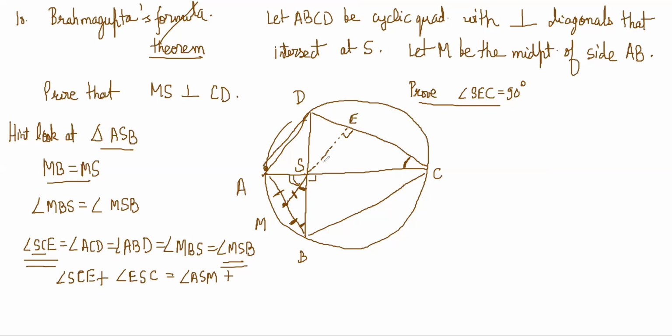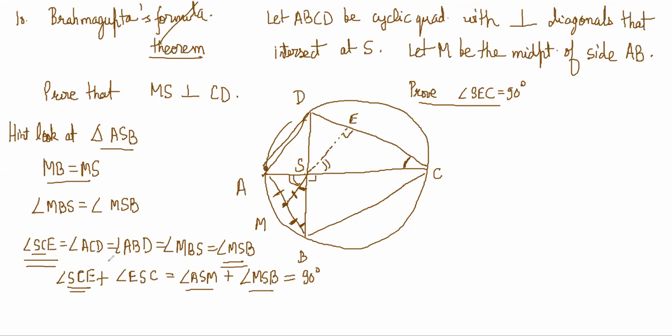And ASM plus SCE, which is MSB, gives MSB plus ASM, which is equal to 90 degrees by the given, perpendicular diagonals.